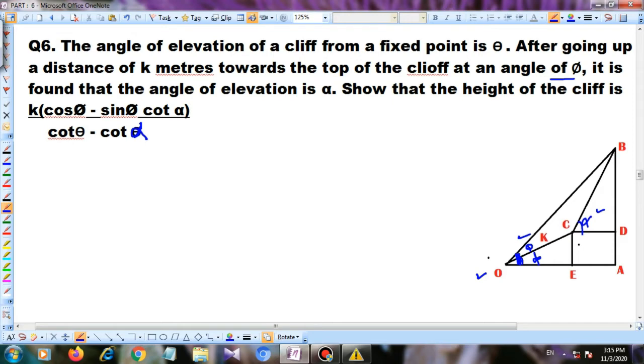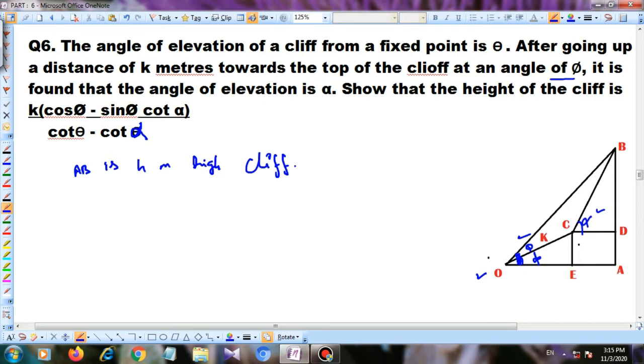Let AB be the h meter high cliff, right?